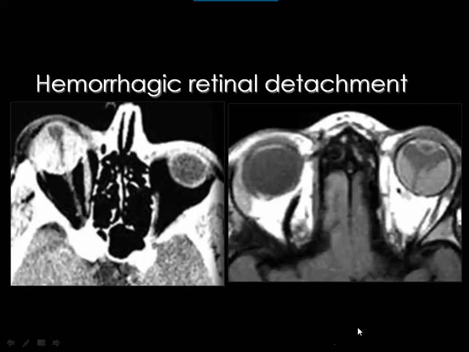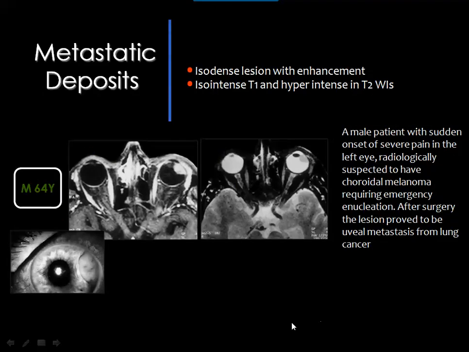Then if you see a lesion inside the globe in an adult, you should think of the diagnosis of melanoma, as happened to this male patient with sudden onset of severe pain in the left eye, radiologically suspected to have melanoma and requiring emergency enucleation.